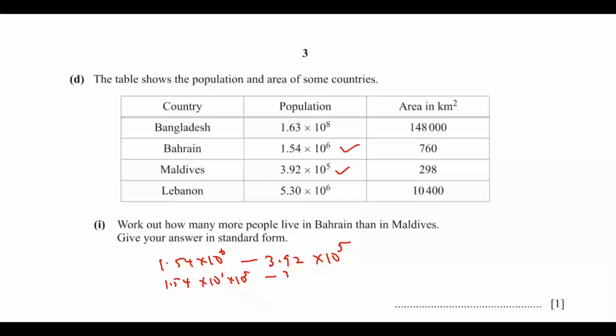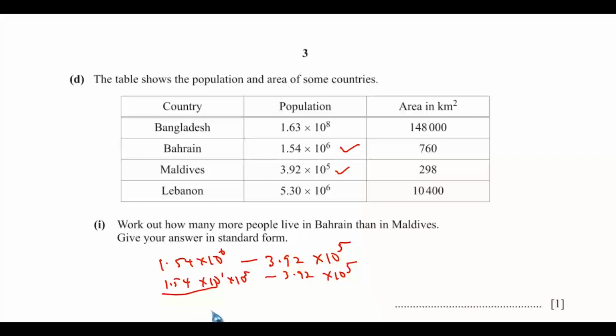Then minus 3.92 times 10 to the power of 5. I just want to show you how to do this very well. Otherwise, I should have written my answer straight away. So you multiply this and this together, so the decimal point will shift forward once.